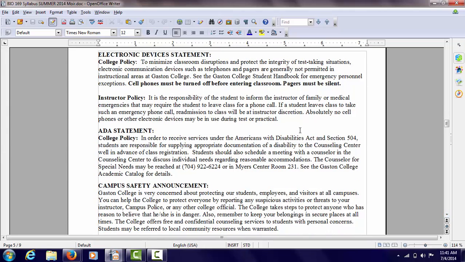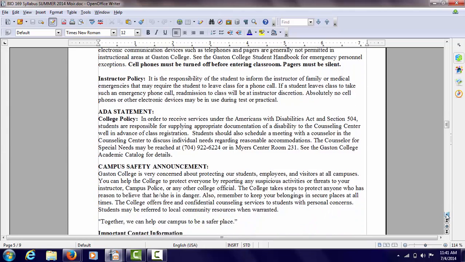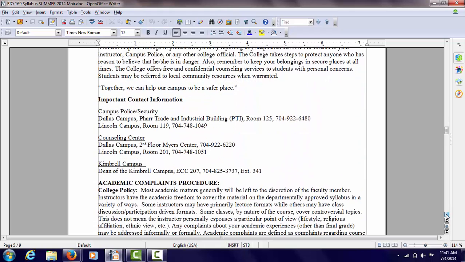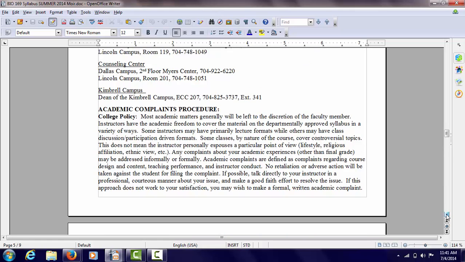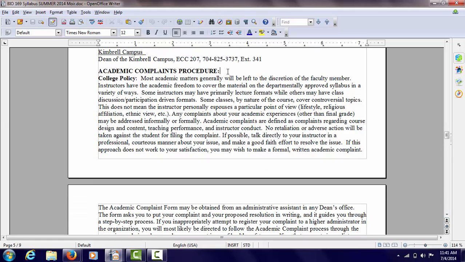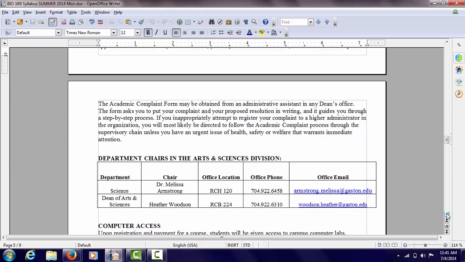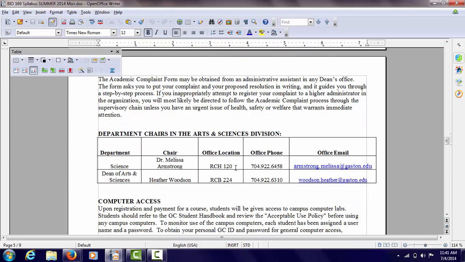Let's see. This really doesn't matter for us because we are a hybrid class. Campus security information, where they're found, and their phone numbers for various campuses. If you have any complaints or issues with the course, or me, or the school in general, here are my bosses. The chair of the science department, Dr. Armstrong, her office here, her phone number and her email.